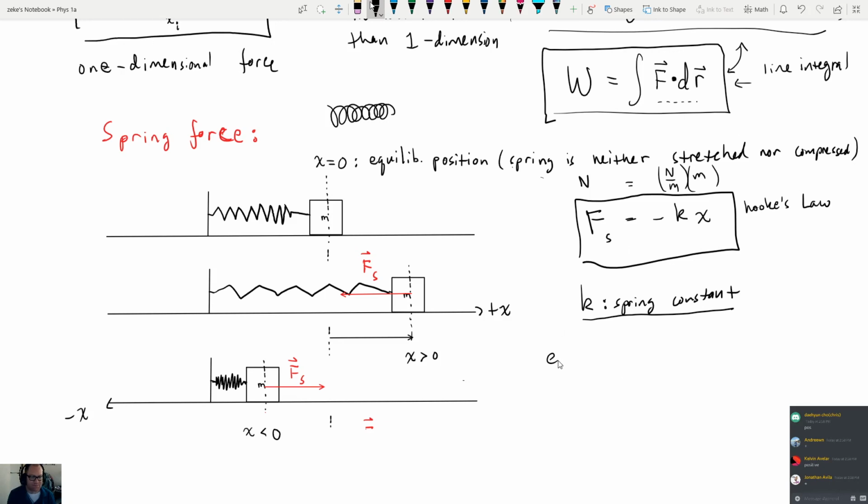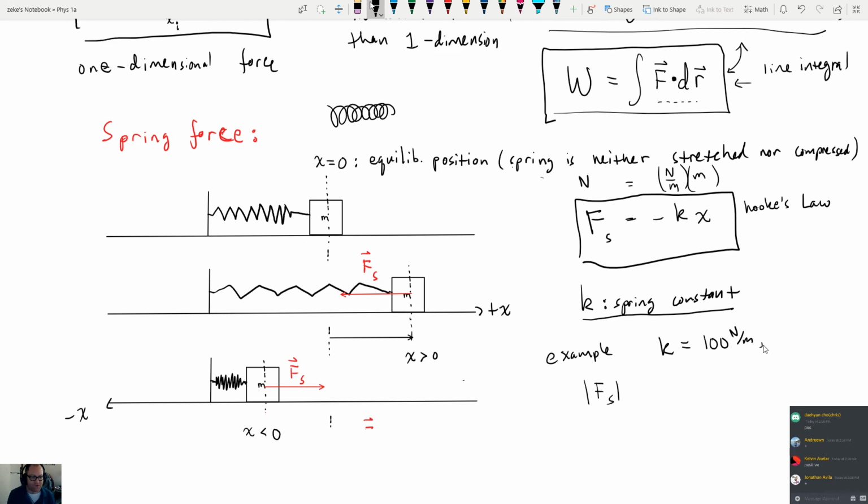So just as an example, let's say that I have a spring that has a spring constant equal to 100 newtons per meter. That means that you get a force of 100 newtons for every meter that you stretch it. So we could ask, what would the size of the spring force be? We'll just do magnitude.